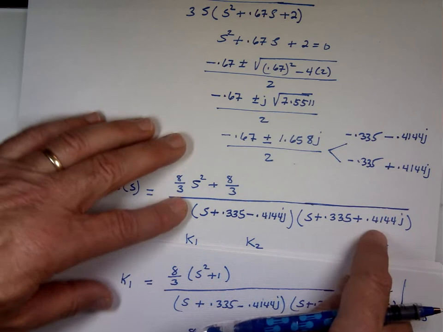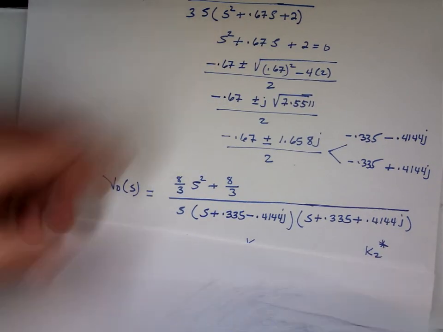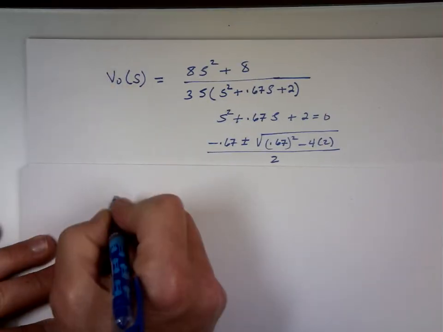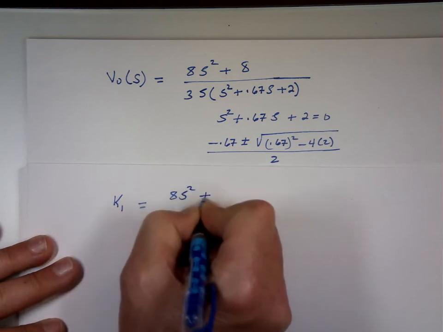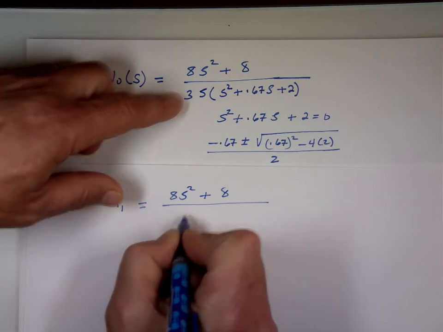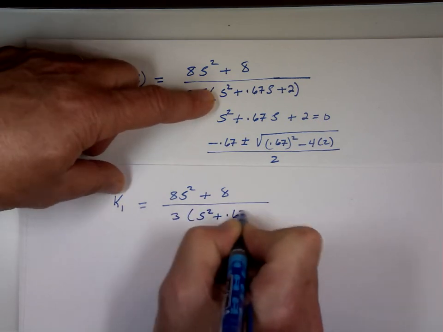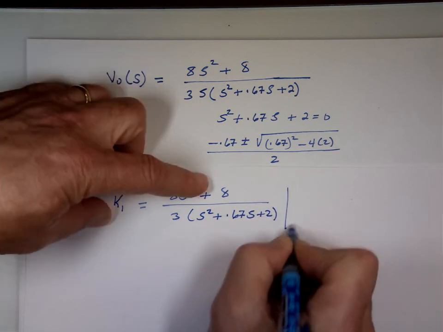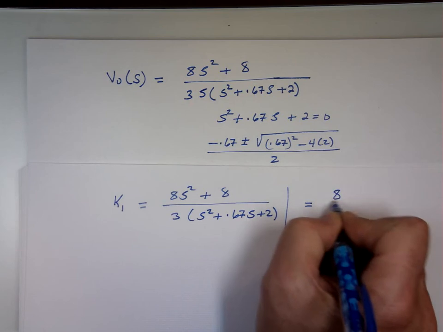And if S is 0, so K1 really, it's 8S squared divided by 8 over 3 times S squared plus 0.67S plus 2 when S equals 0. I don't know why I did it the other way. Just go back to this one. And in that case would be what? 8 over 6, which is what? 4/3?